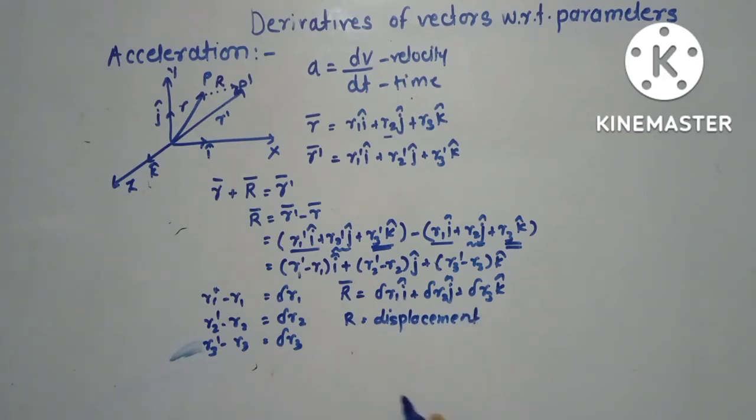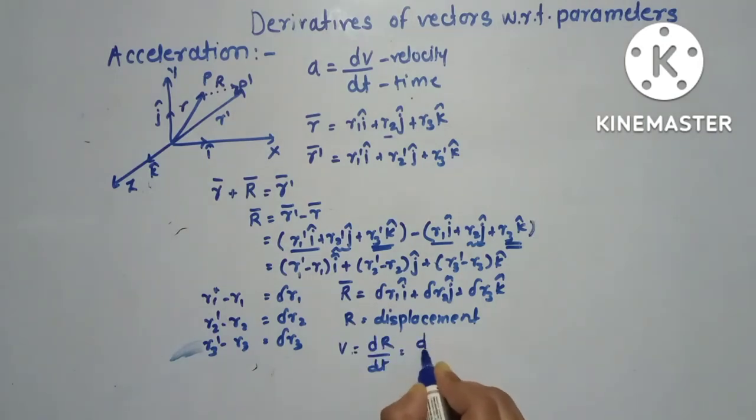Once you know this displacement, you can calculate the velocity, which we have already done. The velocity is the derivative of the position vector with respect to time.